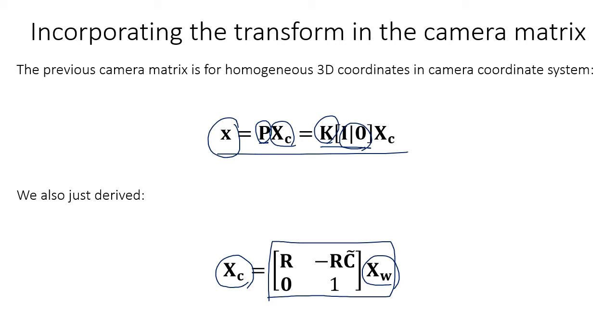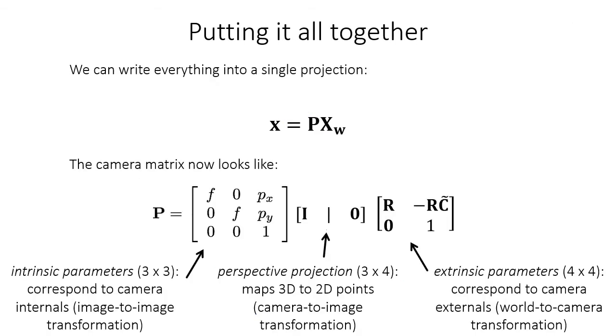It consists of rotation and translation between camera and world coordinates, right? Now, let's wrap up. We can write everything into a single projection.